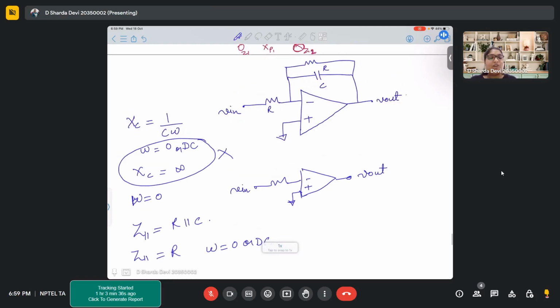It stabilizes the circuit, and this is known as the practical integrator, whereas the earlier one was the ideal integrator, which is ideally not used because of these issues. Practical integrators are used in circuits.